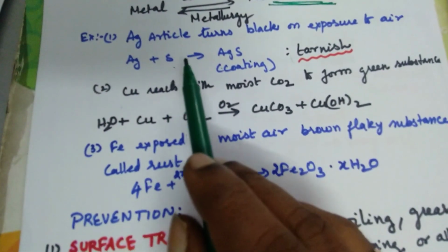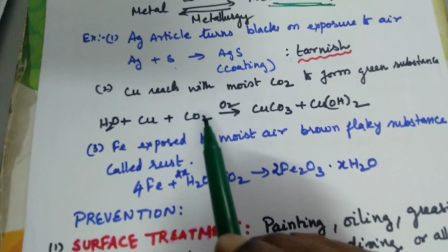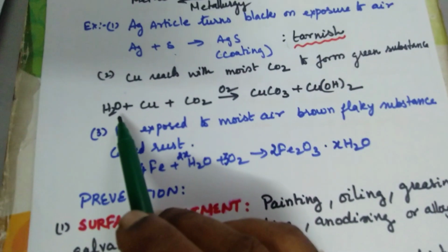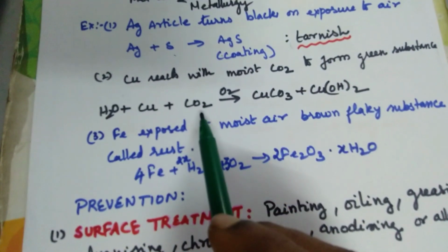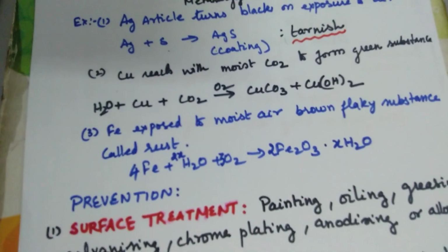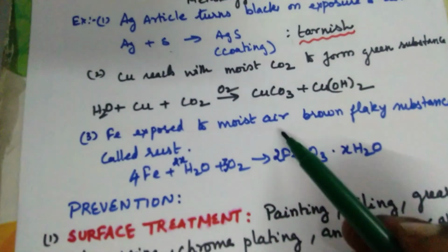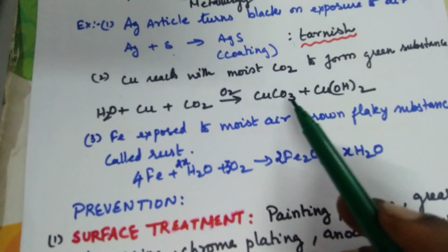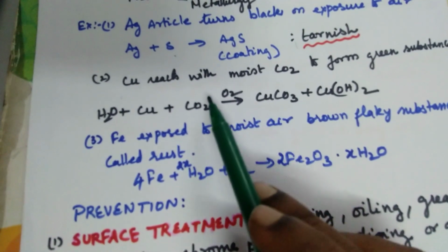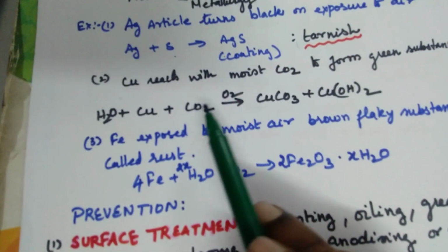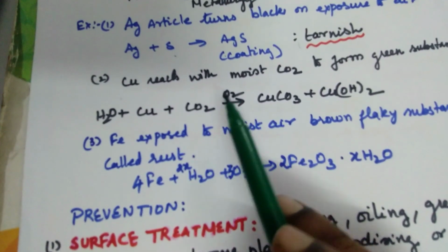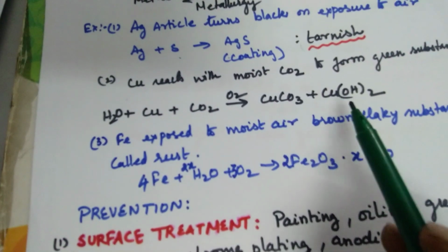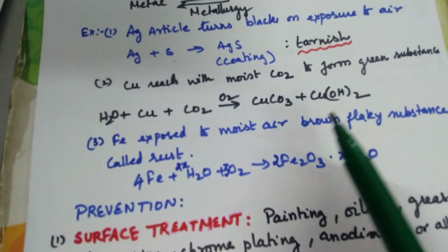See, each metal reacts with different elements or compounds from the air, and copper reacts with carbon dioxide in the presence of moisture to form copper carbonate and copper hydroxide. Here oxygen is also involved, so from the air it takes up three things: carbon dioxide, oxygen and moisture, and with copper it forms copper carbonate and copper hydroxide.